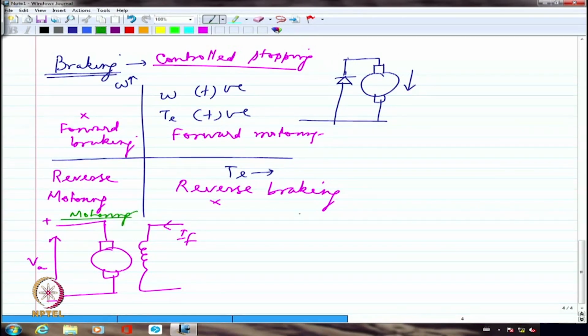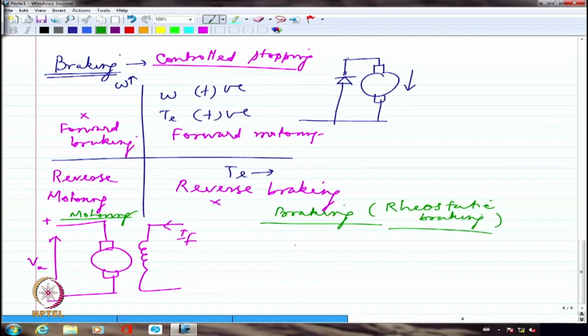What we will do for braking, which we call rheostatic braking, because we are going to include a rheostat in the armature circuit, removing the power supply itself. So we have essentially the same armature here, and then I include a variable resistance. This is the braking resistance that I'm including across the armature.